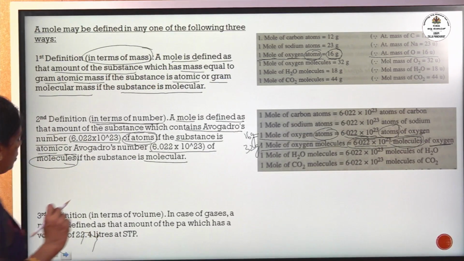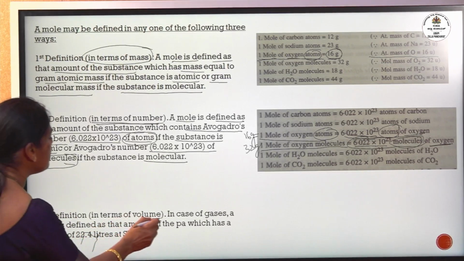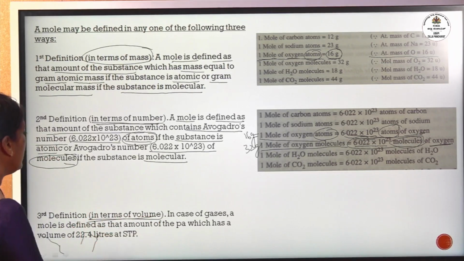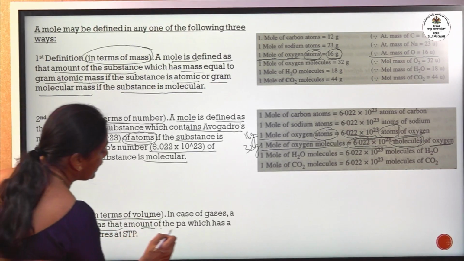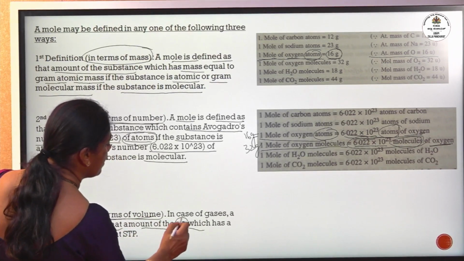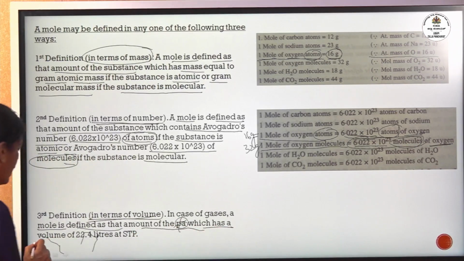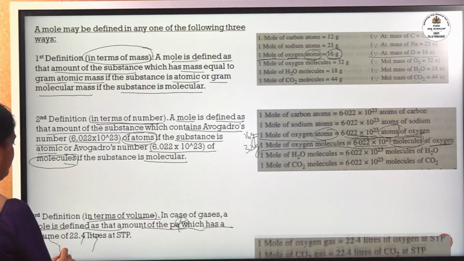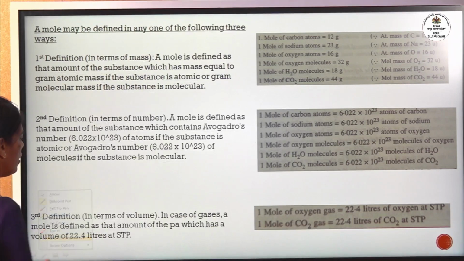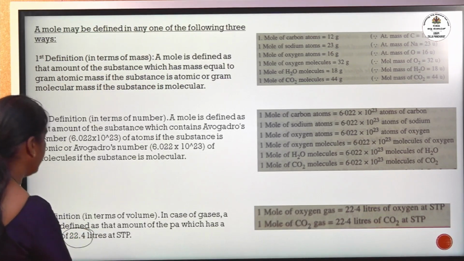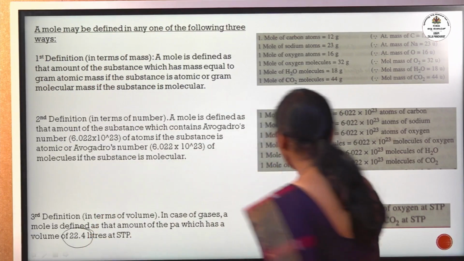We'll move on to another definition, that is in terms of volume. In case of gases, a mole is defined as that amount of the gas which has a volume of 22.4 liters. Again, same example we'll take.